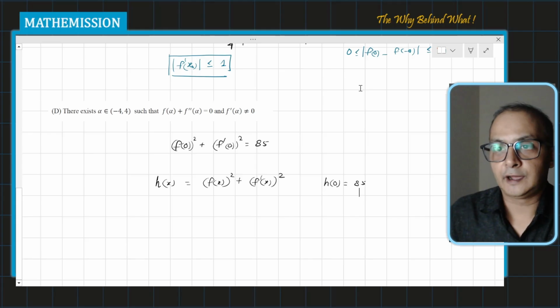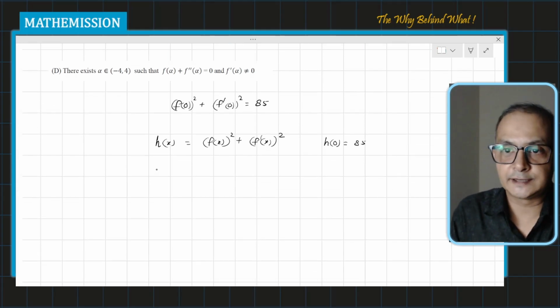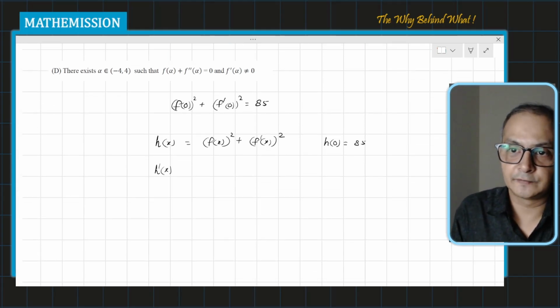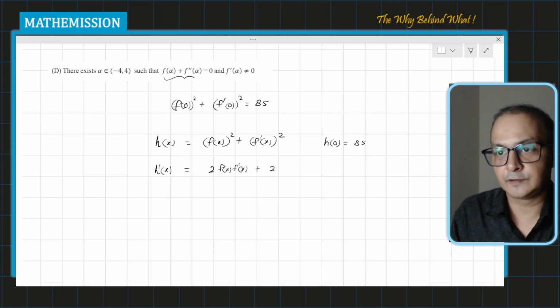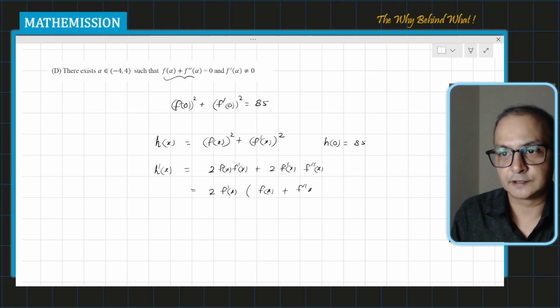Now the idea is that we can take this derivative and notice this structure will be there. How? We differentiate it, so we get 2fx f dash x, and here we get twice of f dash x into f double dash x. From there we can take twice of f dash x common, and here we get fx plus f double dash x.